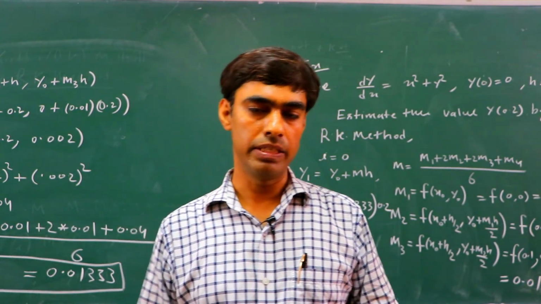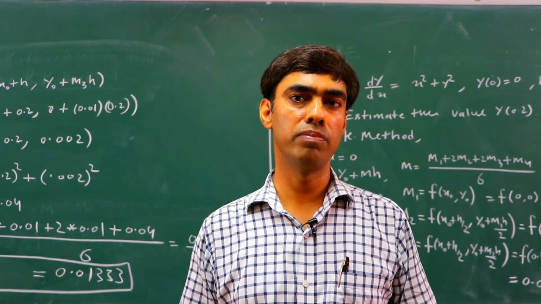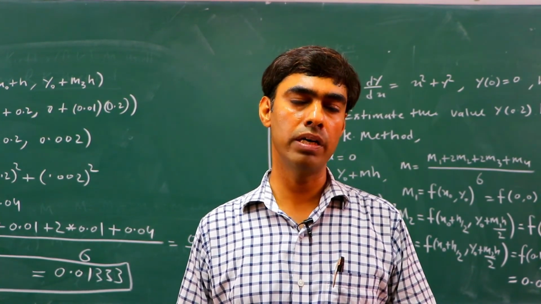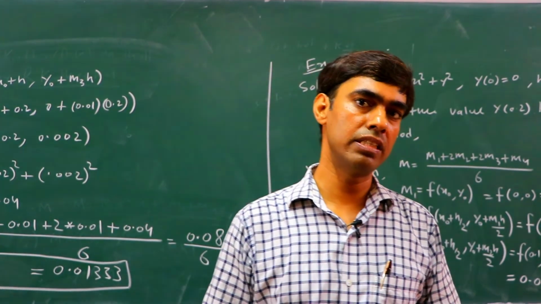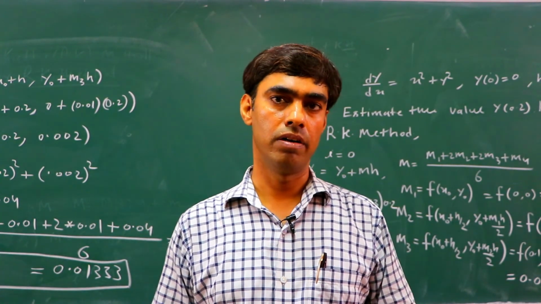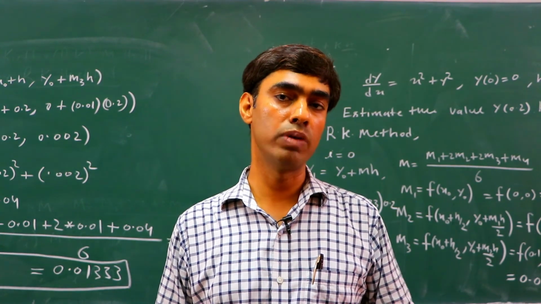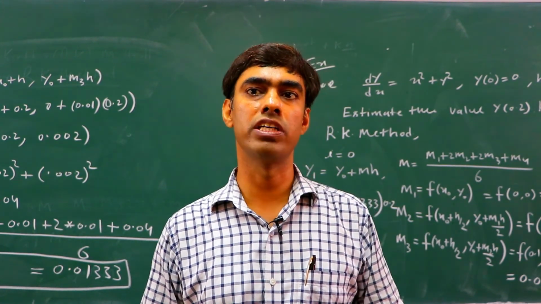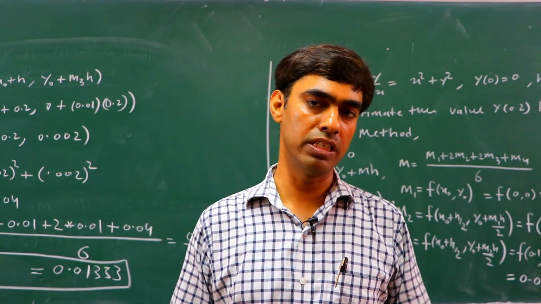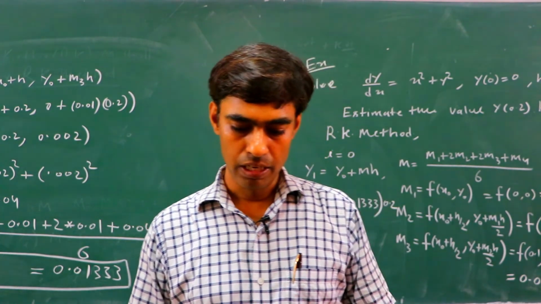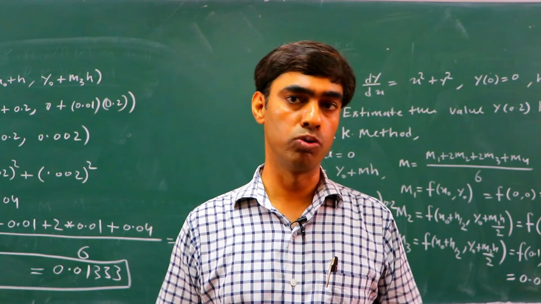If we take the slope at 2 points and choose the values w1 equal 1, w2 equal 1 by 2, then this becomes the improved Euler method, also known as Heun's method. If we choose w1 equal to 0, then this becomes the polygon method, also known as the modified Euler method. Here also we use the slope at 2 points.